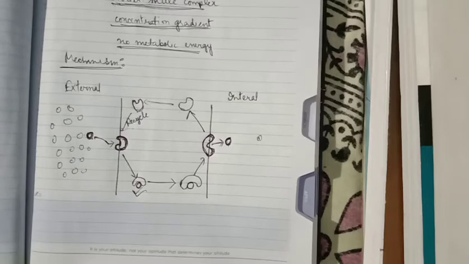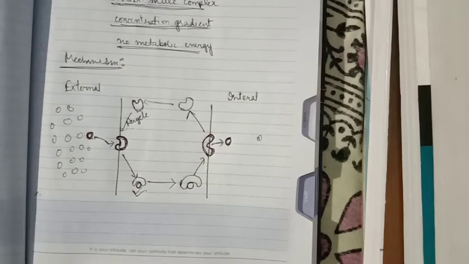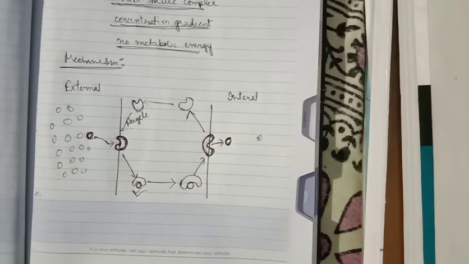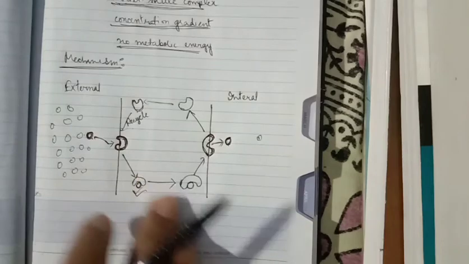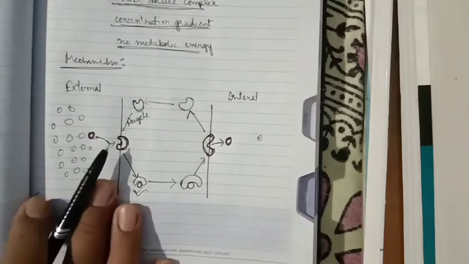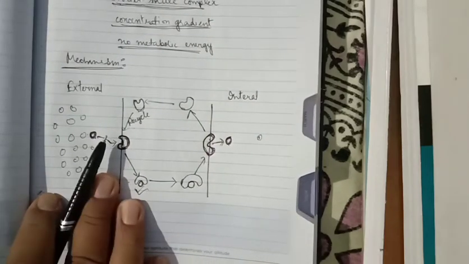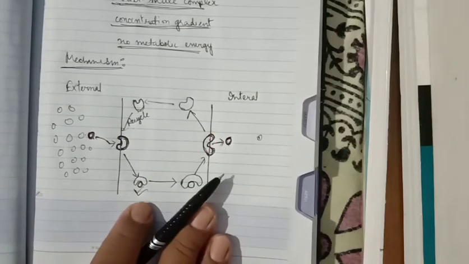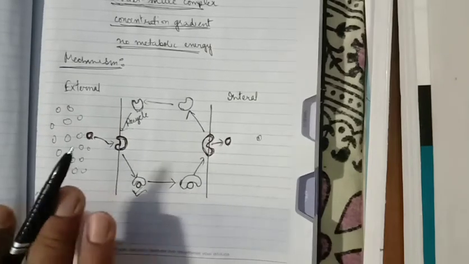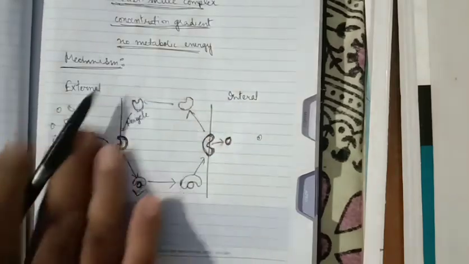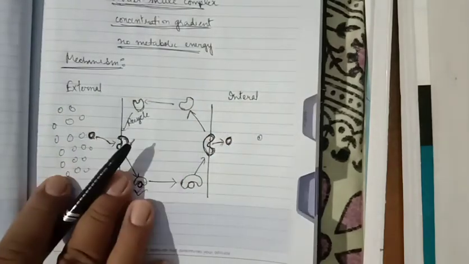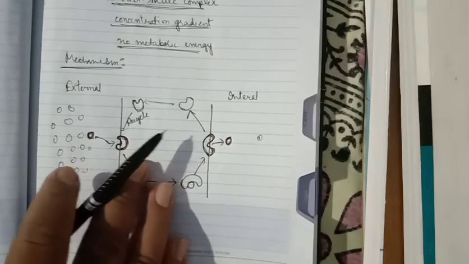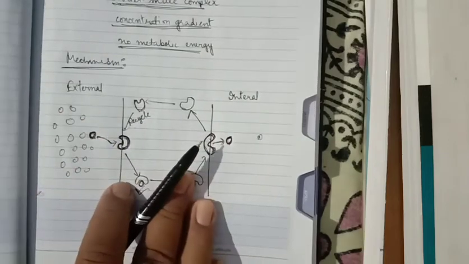The facilitated diffusion seems to be more prevalent in eukaryotes than in prokaryotes. The net effect of this process is that lipid insoluble solutes, as I have said earlier that the cell membrane is lipophilic in nature, can enter the cell along a concentration gradient through these carrier molecules.